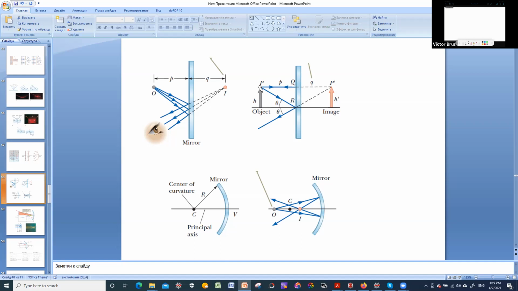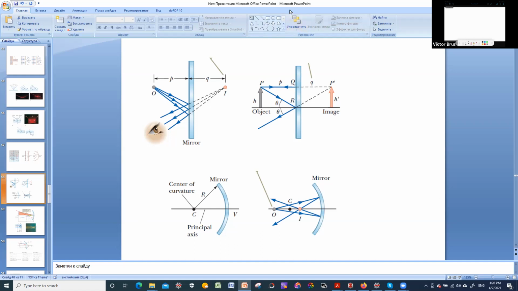So the height of this image will be h prime, and for the flat mirror, the height of the image is equal to the height of the object. And another important parameter which we need to introduce is lateral magnification.